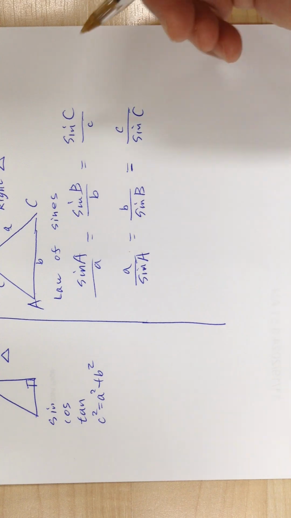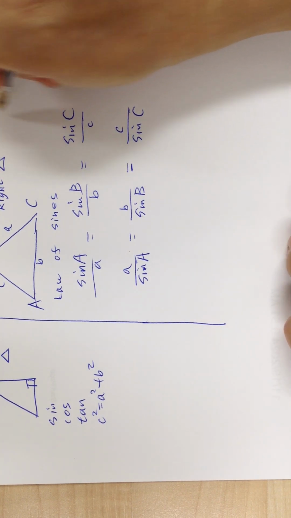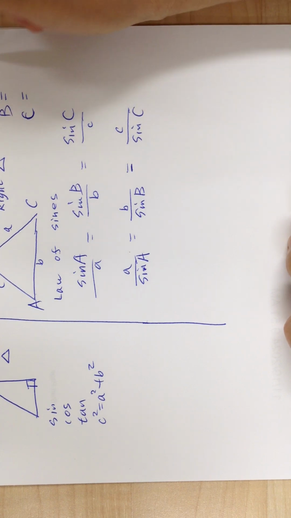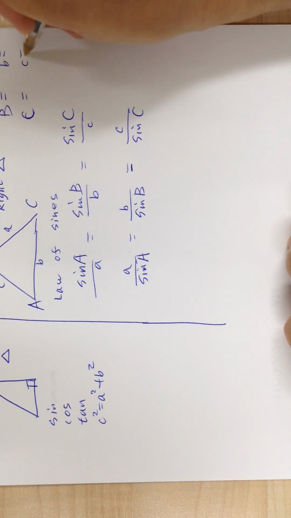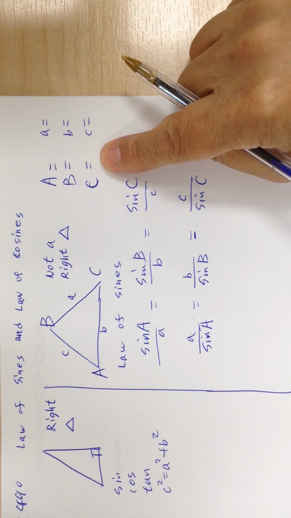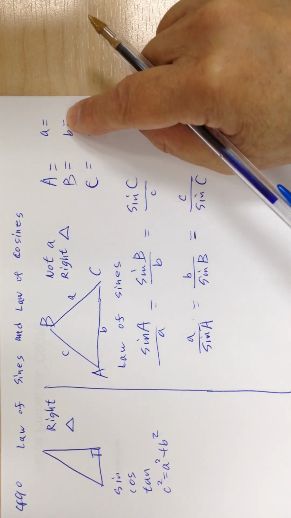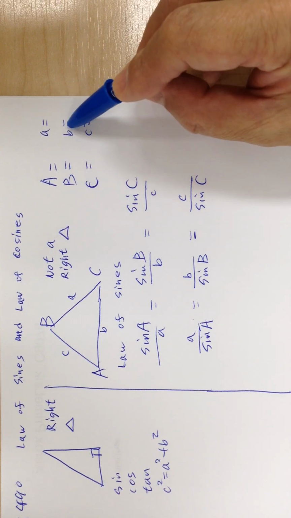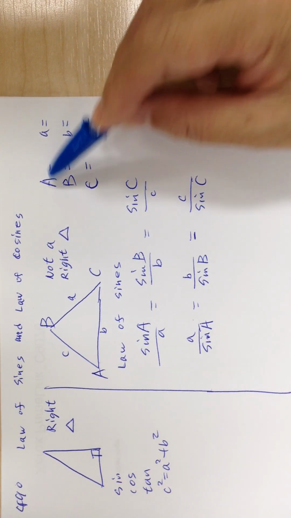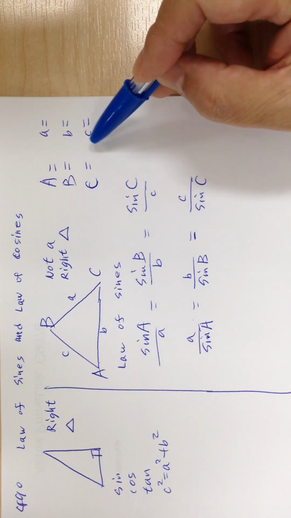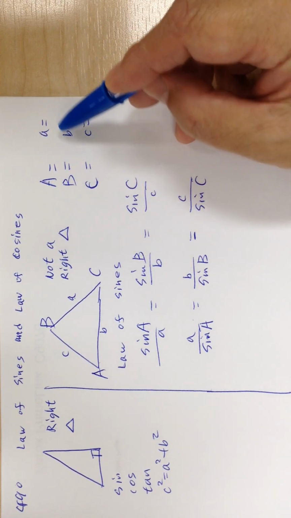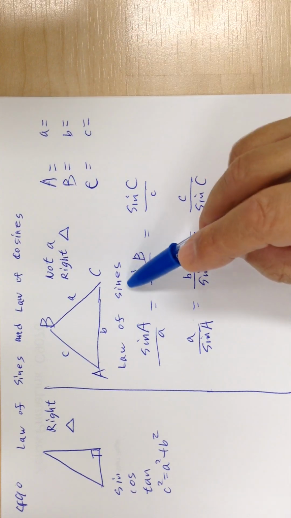In other words, when you have to solve for a triangle, if you have two of the same letter, then you can use the law of sines. So if you know a B and a b, or an A and a a, or a C and a c, when you have two of the same letter, use the law of sines.